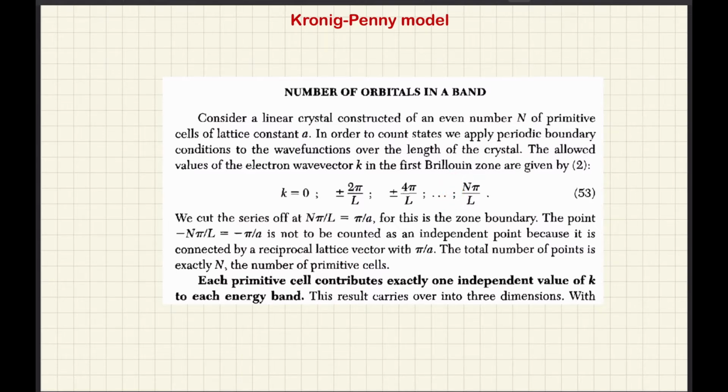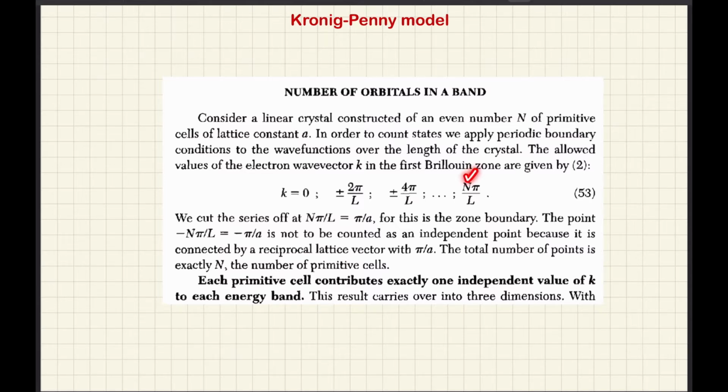So how many orbitals are there? You can see that n orbitals are possible in the band, avoiding the minus nπ/L value, and the series has a cutoff when nπ/L equals π/a. So what is the number of orbitals in a band?